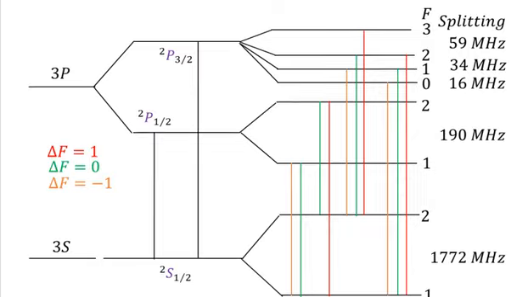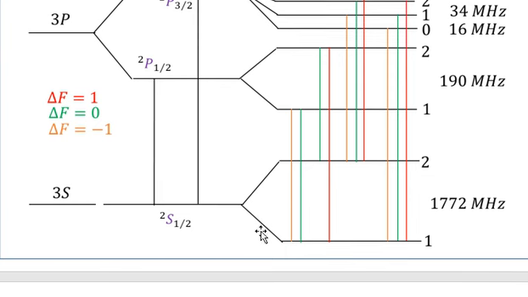Now let me show you the number of levels. Starting from the bottom, the value of J is 1/2. I mentioned that the spin quantum number capital I for the sodium atom in its ground state is 3/2. So 1/2 plus 3/2 will give you 2, and the modulus of 1/2 minus 3/2 will give you 1.